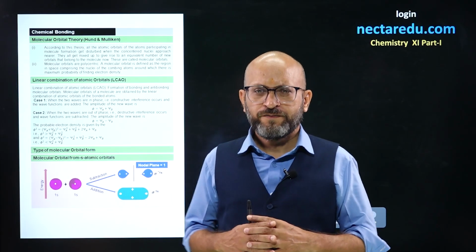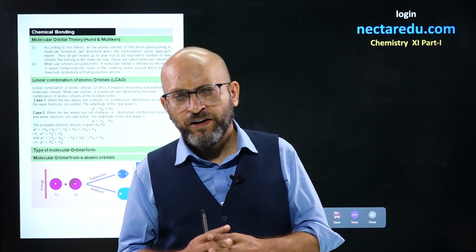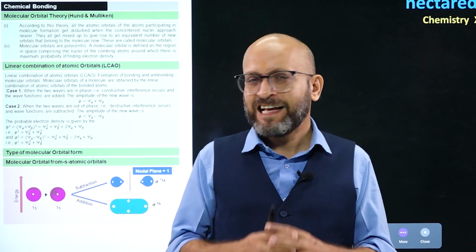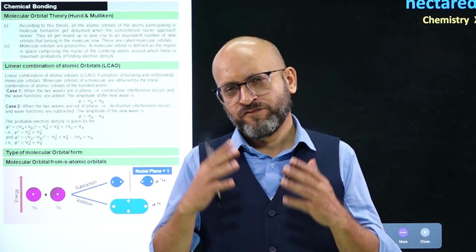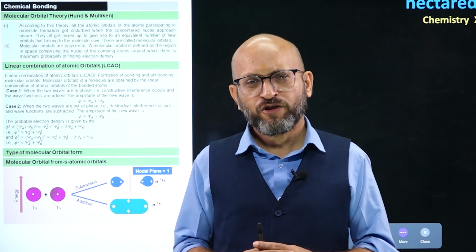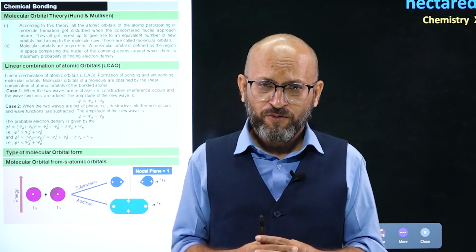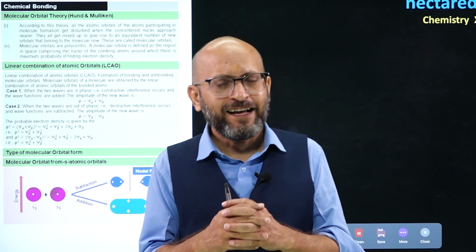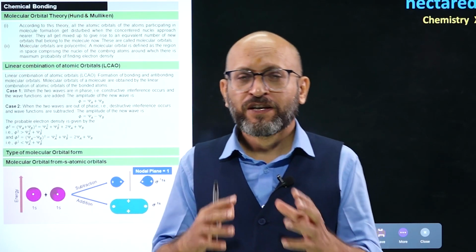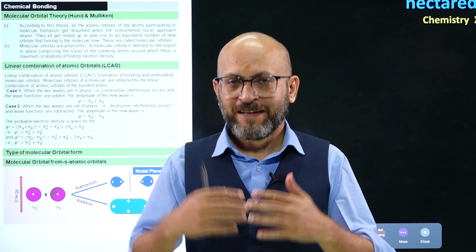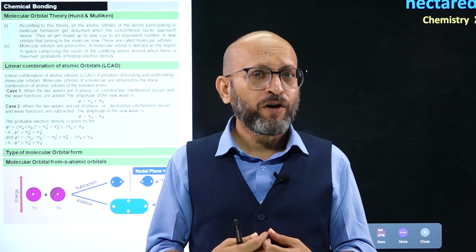Molecular orbital theory. Molecular orbital theory talks about molecular orbitals, as valence bond theory was about overlap of atomic orbitals. This theory doesn't talk about overlap of atomic orbitals. It says that atomic orbitals of the combining atoms get intermixed to form molecular orbitals.